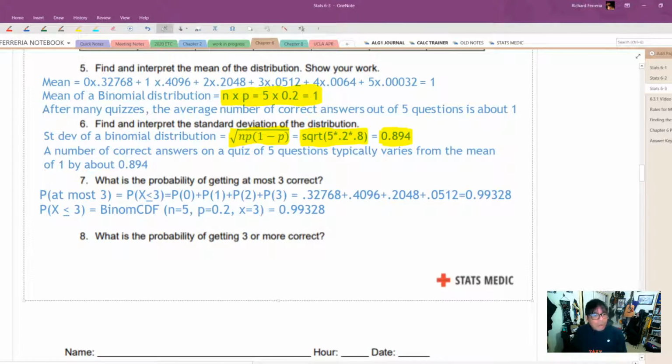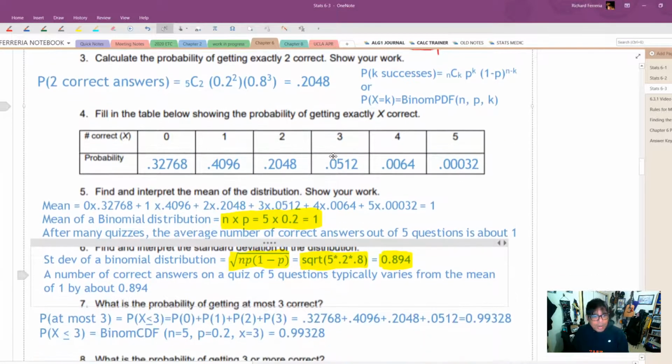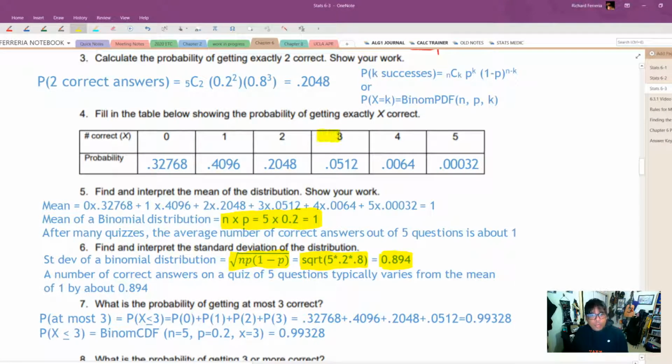Okay, how about the probability of getting 3 or more correct? Let's go back up here and see 3 or more correct. Which outcomes correspond with 3 or more correct? Well, they would be these yellow ones. And then the complement of that, everything else, would be this one right here, 0, 1, and 2.